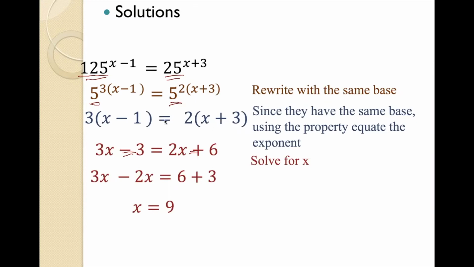Since again they have the same base already, using the property, equate the exponents. So we have 3 times x minus 1 equals 2 times x plus 3. Simplifying, distributing 3, 3x minus 3 equals distributing 2, 2x plus 6. Then solve for x. So here, x is equal to 9.